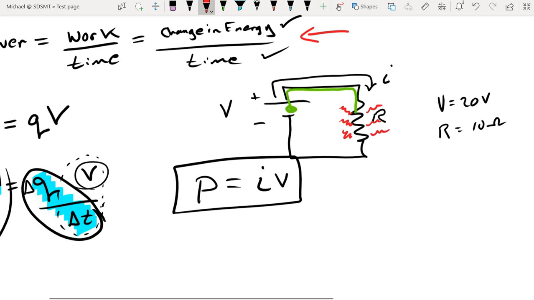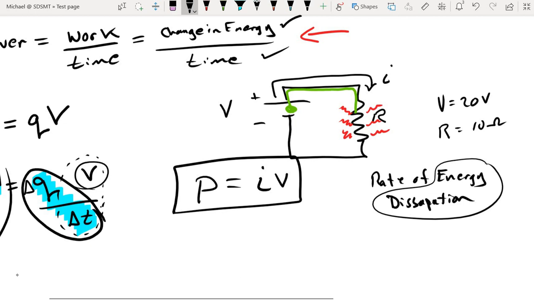And so in this chapter, more than once, we're going to see the phrase rate of energy dissipation. So the energy dissipation is the heat, and the rate is the time dependency.